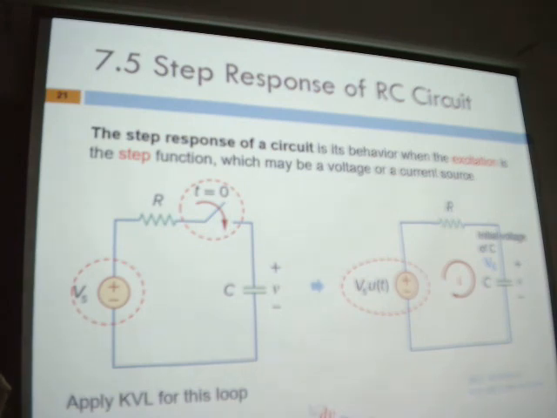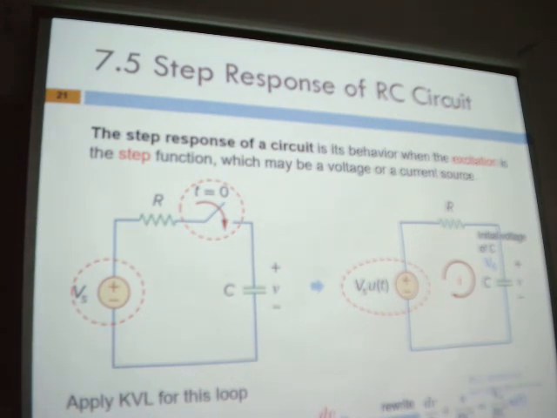And what is the value of i? Because we have the capacitor here, our i is C dV over dt. So Vs u(t) is equal to C dV over dt times R plus V. And we can rewrite this function.